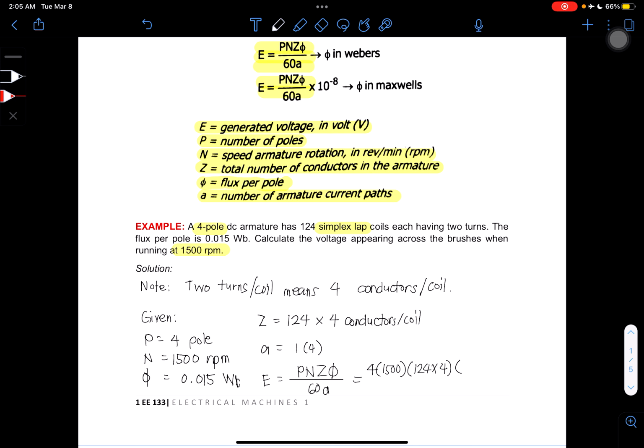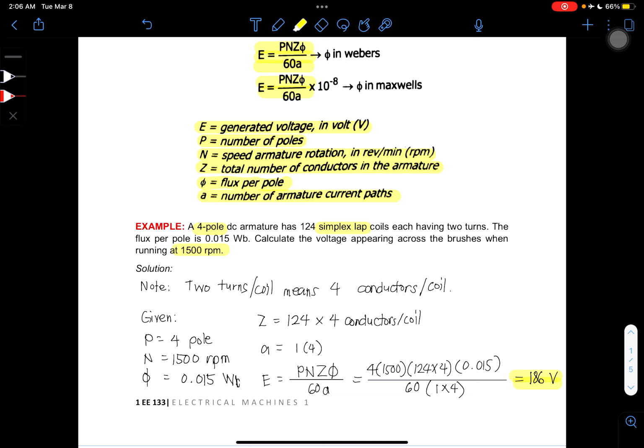Our flux per pole is 0.015 divided by 60, 1 times 4. So our voltage appearing across the brushes is 186 volts. Therefore, this is our final answer for problem number 1.